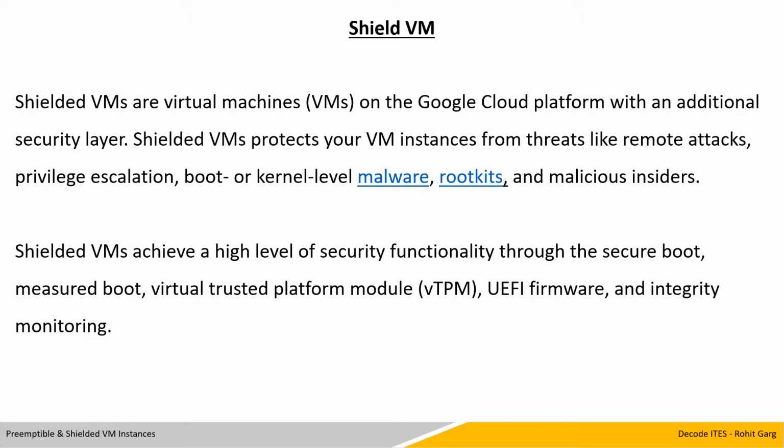Shielded VMs protect your VM instance from threats like remote attacks, privilege escalation, boot or kernel level malware, rootkits, and malicious insiders. Shielded VMs achieve this high level of security functionality through multiple features: Secure Boot, Measured Boot, Virtual Trusted Platform Module, UEFI firmware, and integrity monitoring.